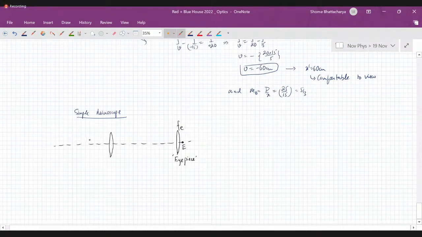The object is kept in front of another lens called the objective lens, which has a focal length F0. The object is kept at some distance, let's say x1, where x1 is going to be between F0 and 2F0, so that this lens produces this sort of an image.